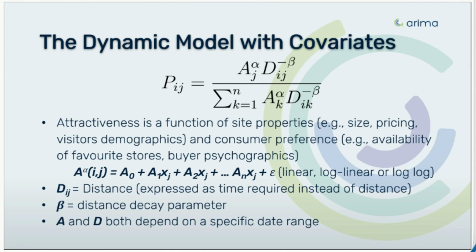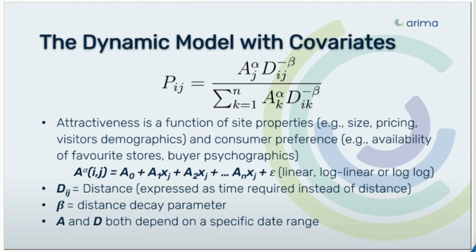Here you can see that we've turned A, the attractiveness parameter, into a function of many factors, each of which has its own weight. This is essentially a linear regression model within the A parameter. And depending on what you believe, you can use a linear model, a log linear model, or a log model.